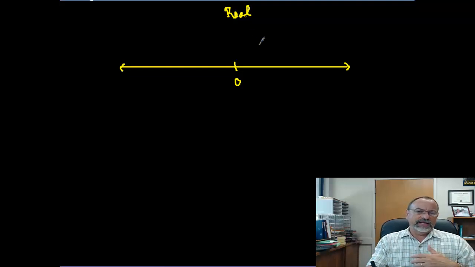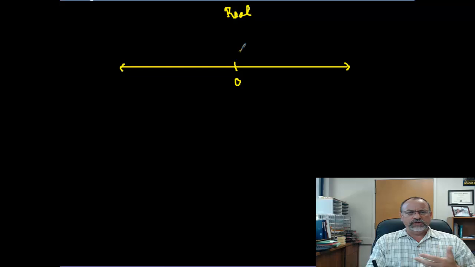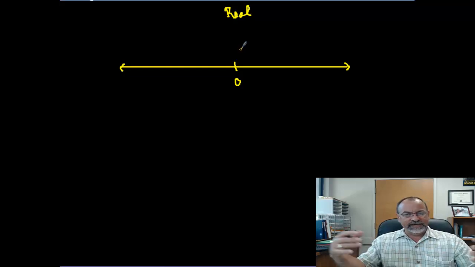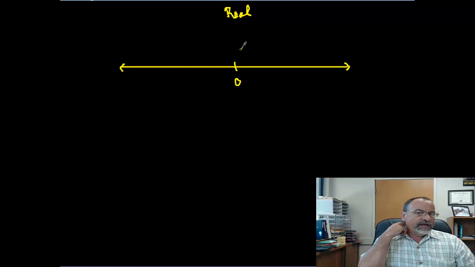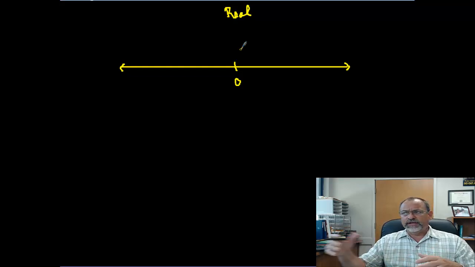So that's where the name comes from, because we're only going to look at a portion of the entire set of real numbers. Now, there's three things that you may or may not have seen before, so three things we want to cover, and then we'll do a few examples. The first thing is, we said that real numbers go up forever, all the way into the positive direction, go up into what we call infinity.